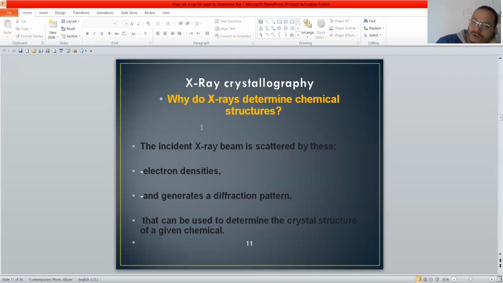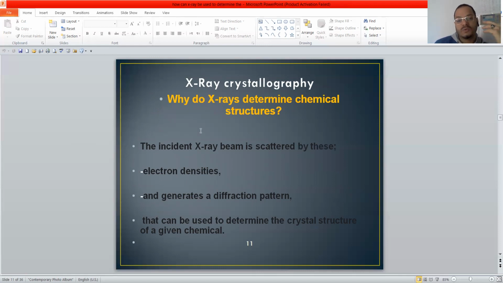X-ray crystallography. Why do X-rays determine chemical structure? The incident X-ray beam is scattered by the electron densities and generates a diffraction pattern.